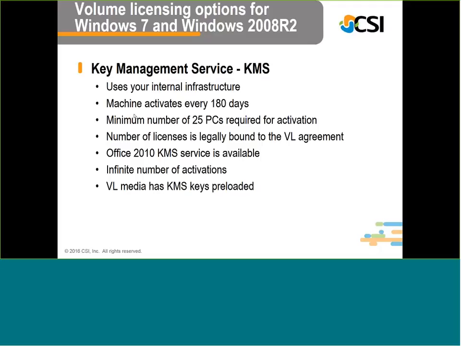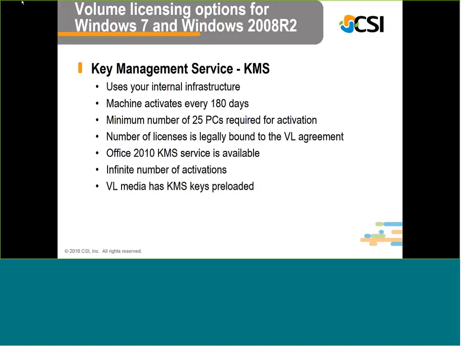KMS starts with Office 2010, 2013, 2016, and there are unlimited activations, which means in terms of imaging and sysprep, it's great because you can treat it like XP. Just do whatever you want to do, and it'll just work. When you take a machine out of the box and set up the OS or set up Office, by rule, that has the KMS client key preloaded without you putting a key in, which should teach Office or the operating system to automatically go out, find the KMS server, and activate.